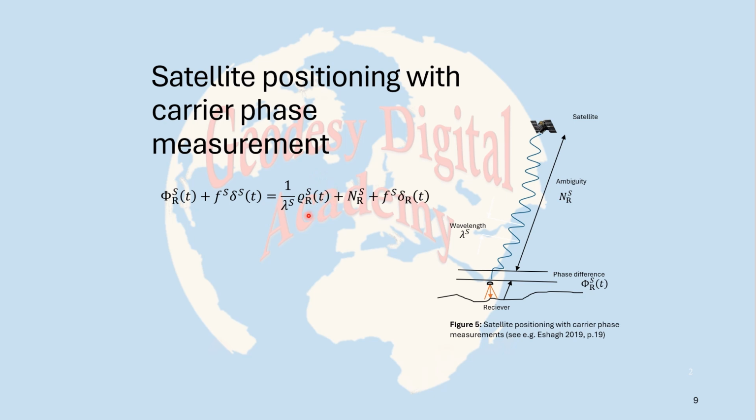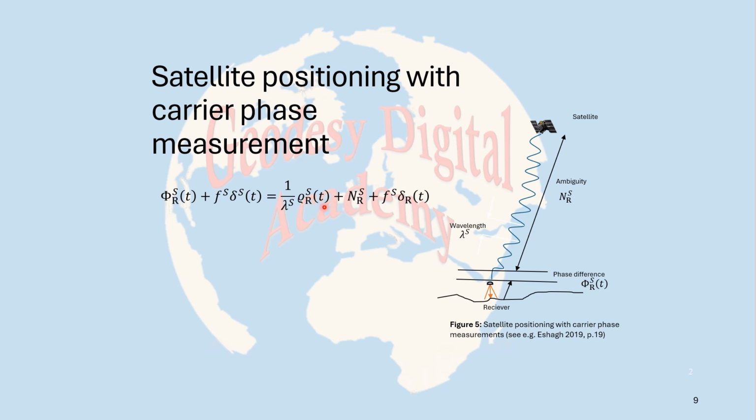Here we have the true range involving coordinates. Here is actually the ambiguity parameter between the satellite and the receiver. And the last term is related to the receiver clock error, which should be estimated at the same time we estimate the coordinates of the point for the receiver.